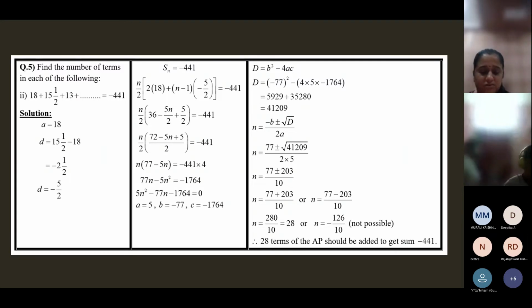Shreyas, you need to check. Nobody else? Very good, girls. Sneha and Rajeshwari, you're right. Others can take the help from the slide and make out your mistake. You can ask me if you have any doubts.